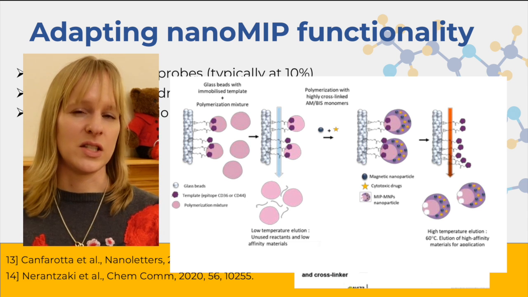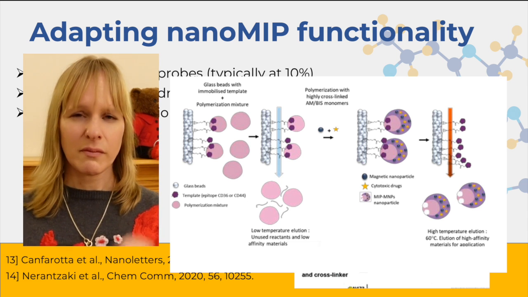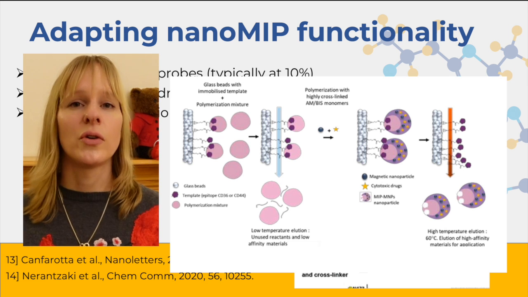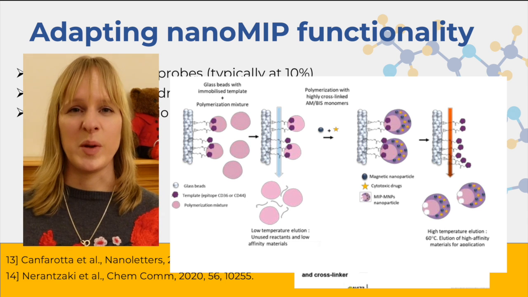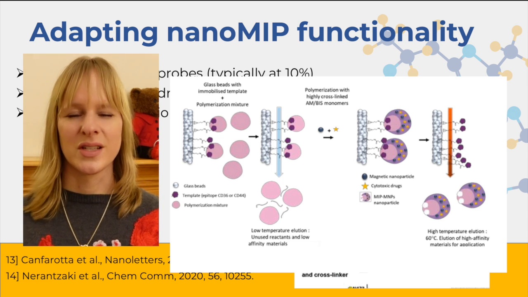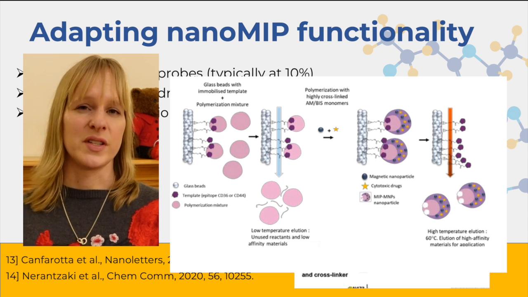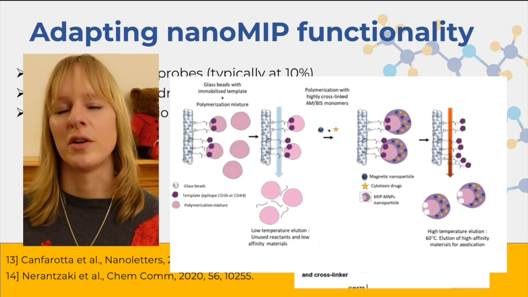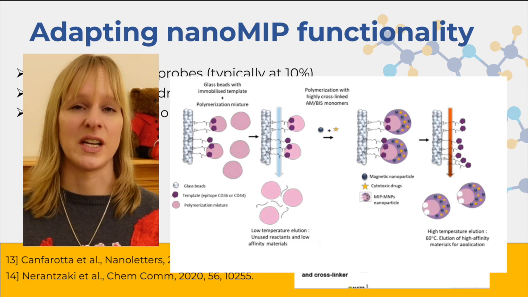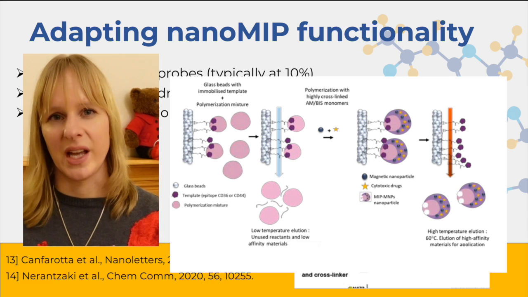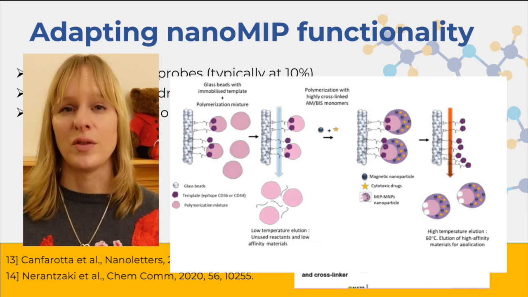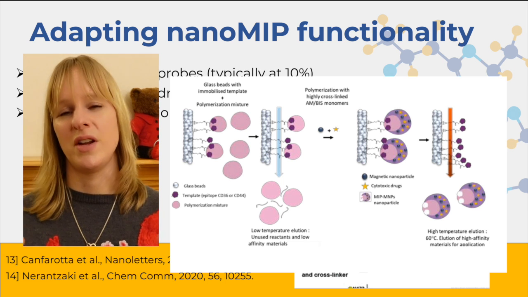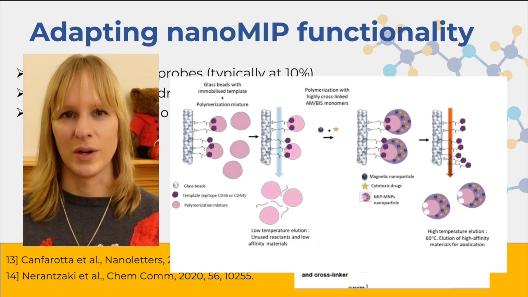You can add an additional conductive layer perhaps, or you can add things like enzymes to it, where people not only look at binding to cells, but also incorporate, for instance, an enzyme that removes sugar groups, which can also be very good for killing off the cells and is therefore a therapeutic agent. So there are lots of opportunities there with nanoMIPs that you potentially don't have with antibodies, and I think we're only just starting to explore what we can do there.